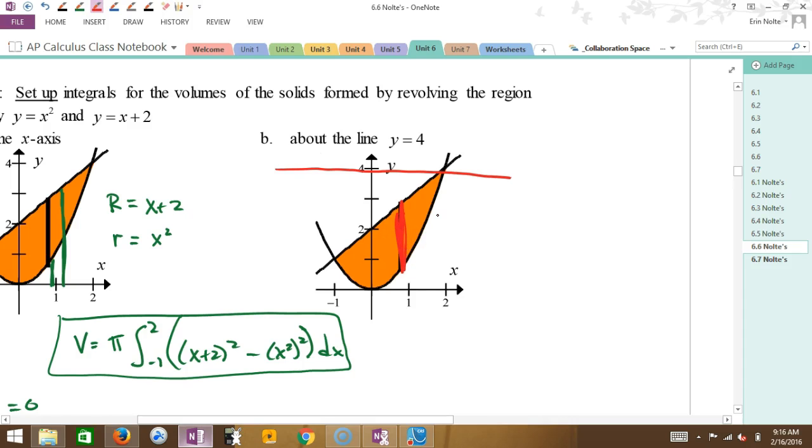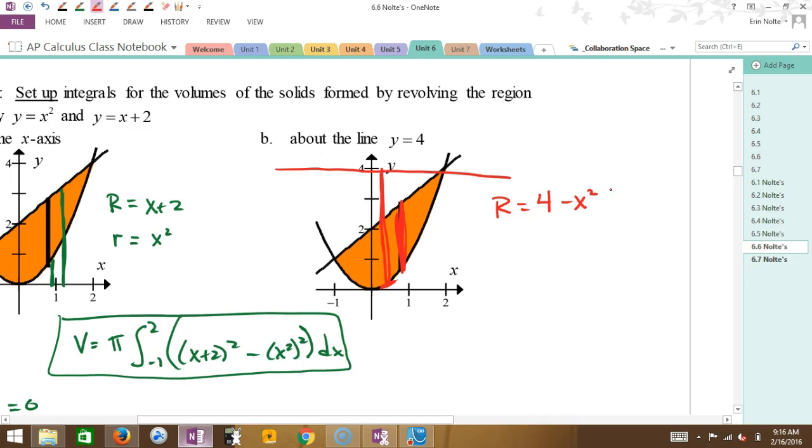There is a gap, so I'm going to do a big R. My big R is going to go from my y equals 4 line down to my parabola. So what is the distance from the y equals 4 line to the parabola? 4 minus x squared. Good, everybody okay with that?